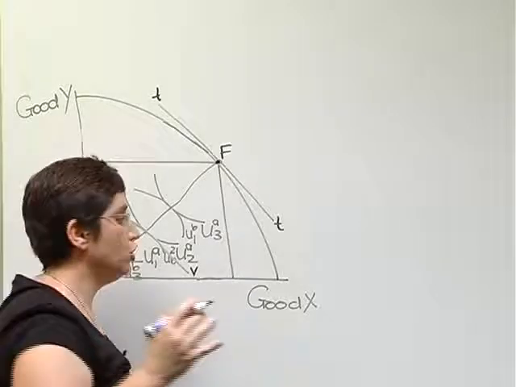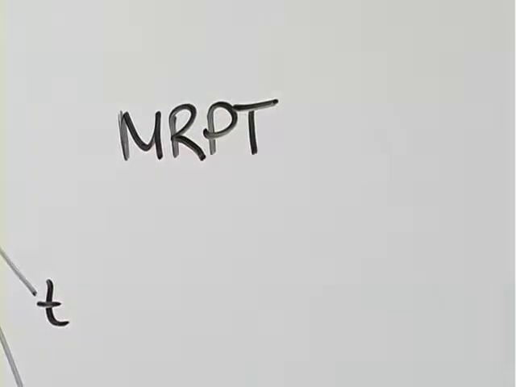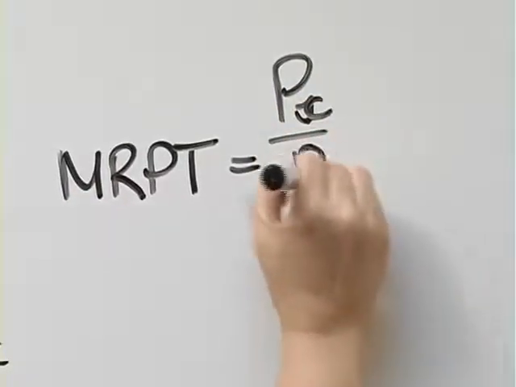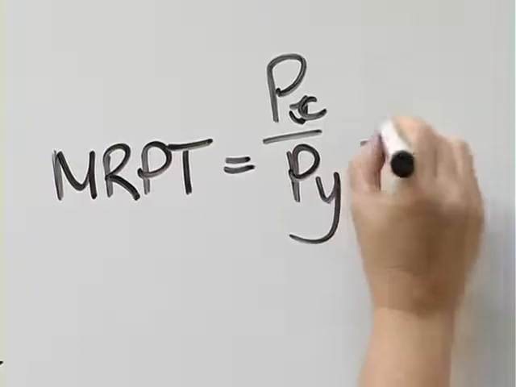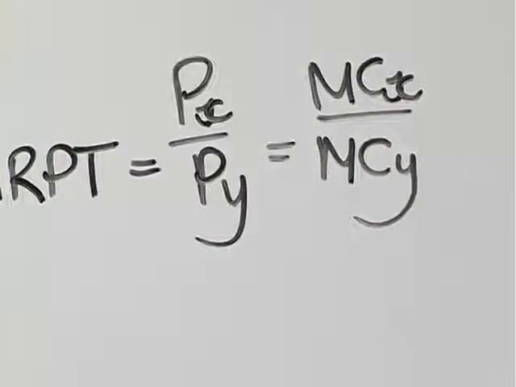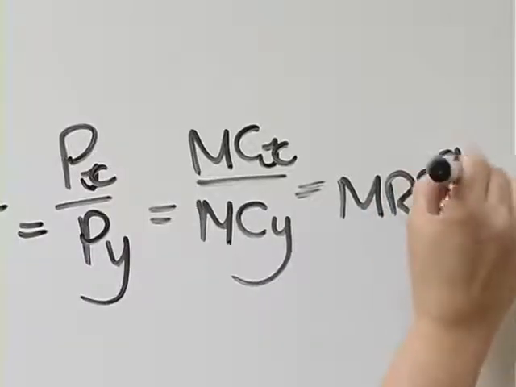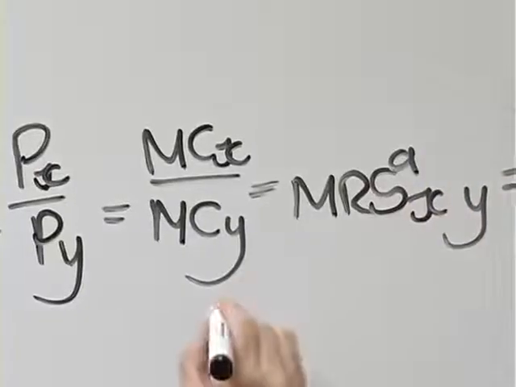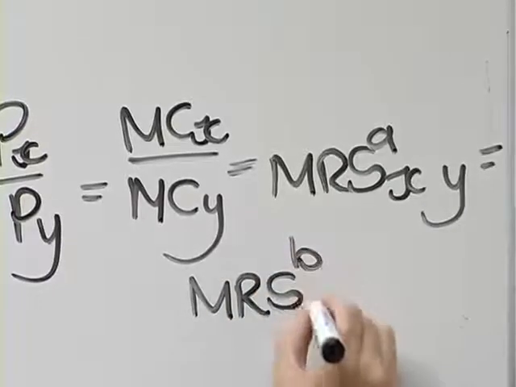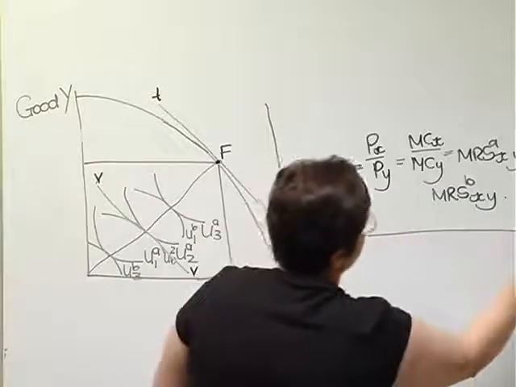And what is the equation? Remember from your condition 1, the marginal rate of product transformation equals Px on Py, the relative price, equals MCx on MCy, because we're talking about production, equals MRS of A for goods X and Y, equals the marginal rate of substitution of B for goods X and Y. So this is your equation that's important.